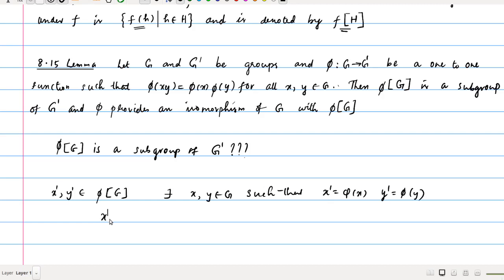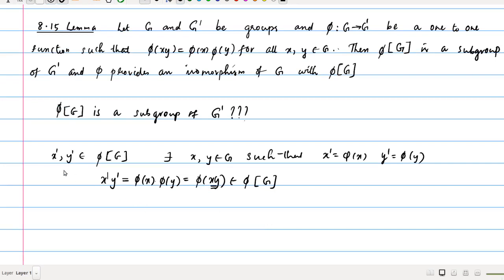Now if we consider x prime y prime, that will be phi of x times phi of y. Using the definition, you can write this as phi of xy, which is an element of phi of capital G, because x prime y prime is the image of some element of G. So this proves the closure property.